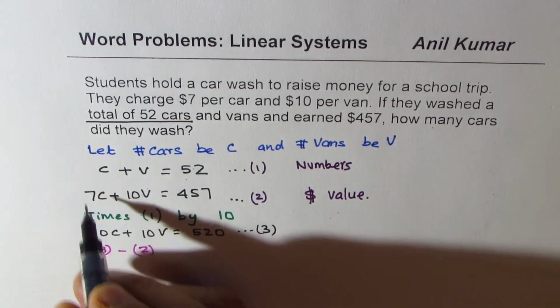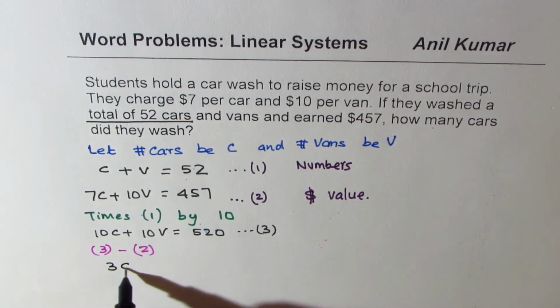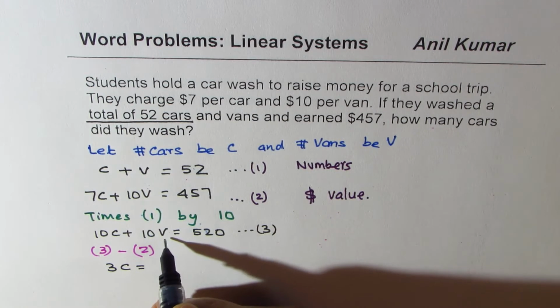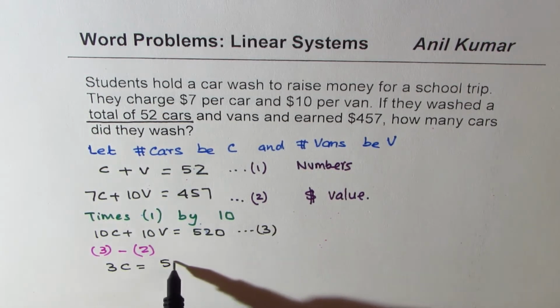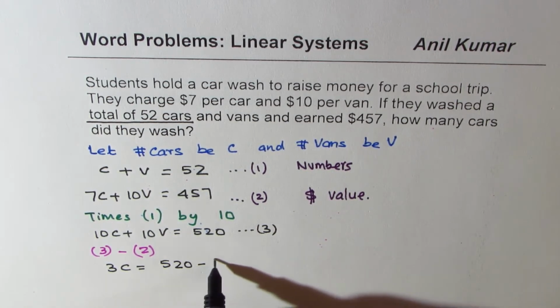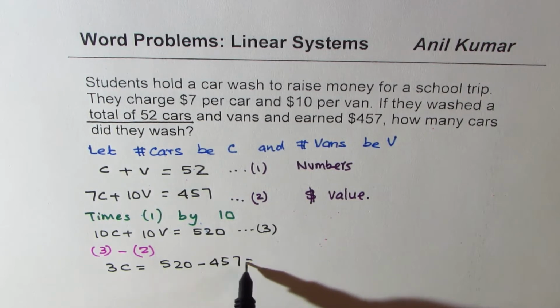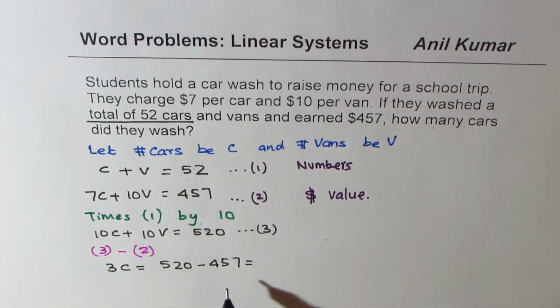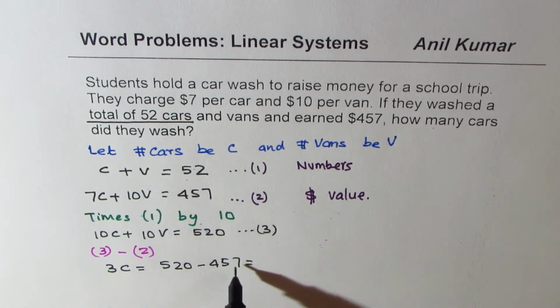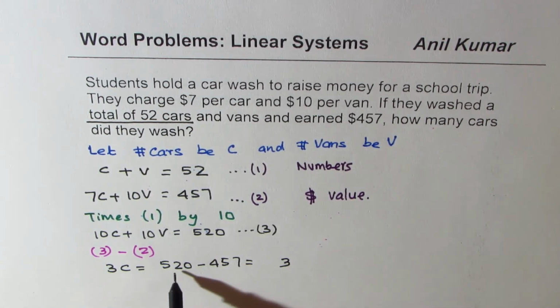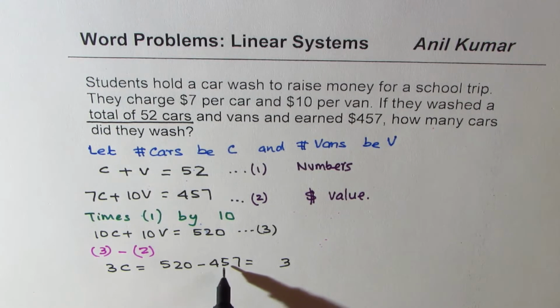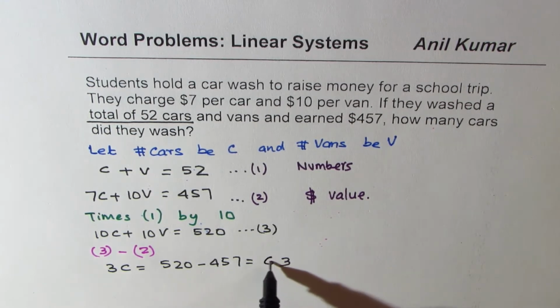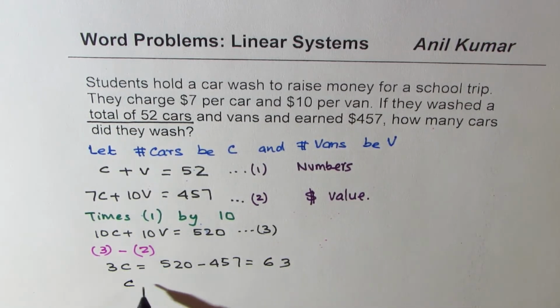So 10 minus 7 is 3. We get 3C equals to 520 minus 457. Okay? So that's what we get. So from 10, if you take away 7, we get 3. And from 11, if you take away 15, you get 6. 63. So C is equals to 63 divided by 3, which is 21.